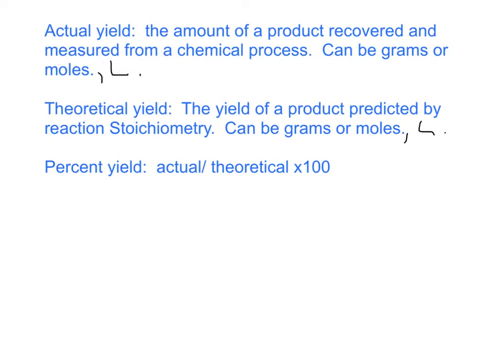Alright, so the percent yield of a reaction is basically the actual amount of the product you get divided by the theoretical yield that the stoichiometry predicts multiplied by 100.